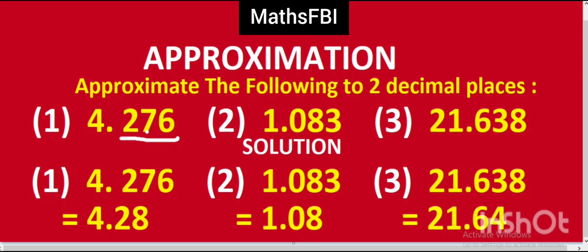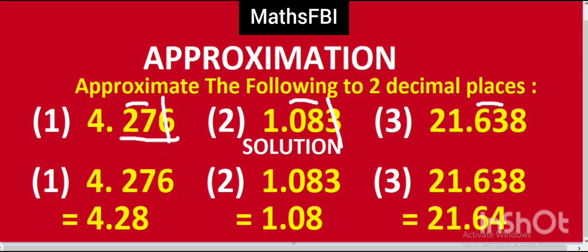Okay, at the end of the day, we shouldn't have the third. Here as well, we should have everything rounded up to 2 decimal places. We should be left with 2 numbers here, 2 numbers here, and 2 numbers here.